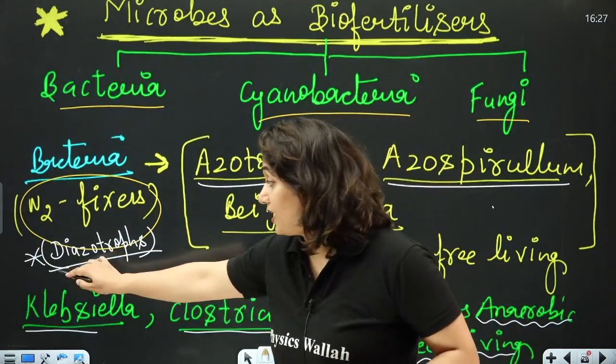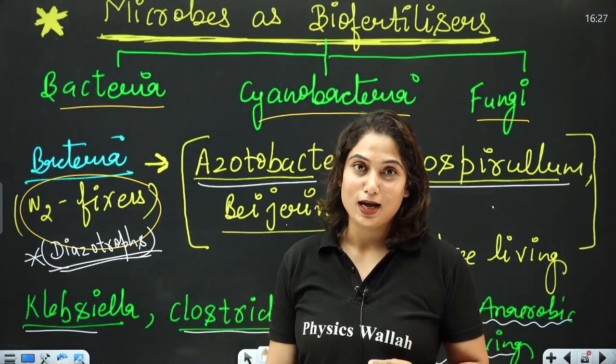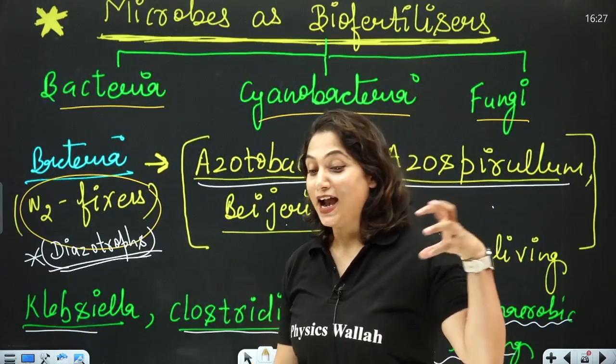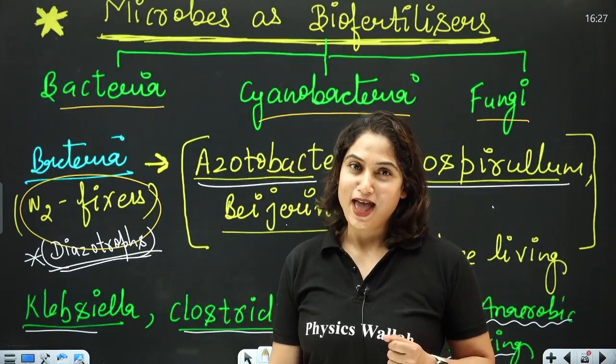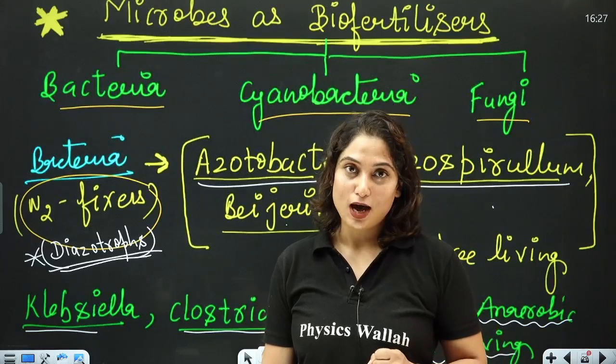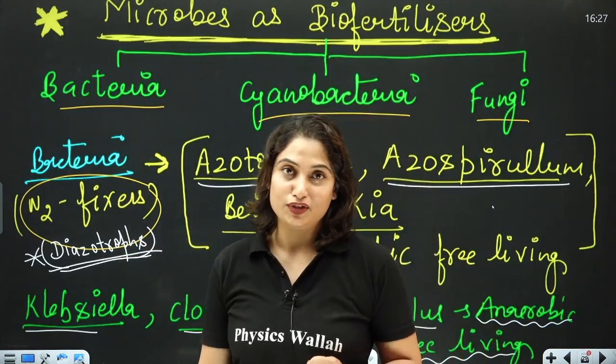They are called diazotrophs. And what is the function of these bacteria? To convert N2 into ammonia. They add ammonia to the soil, and that ammonia is taken up by the plants. So this is how nitrogen fixing bacteria increase the soil fertility.